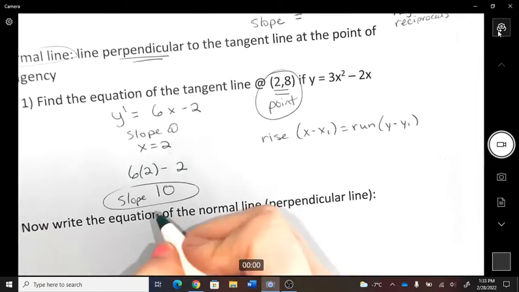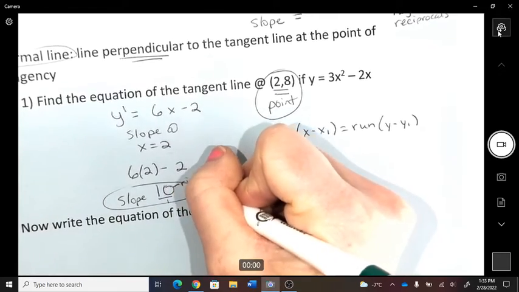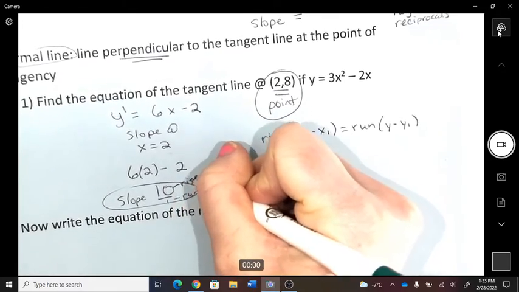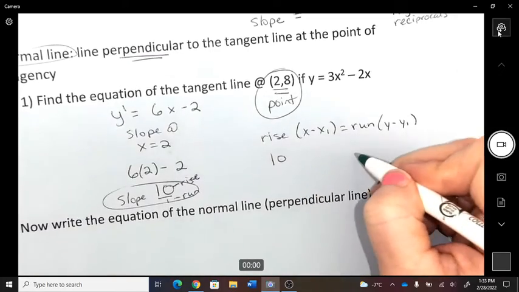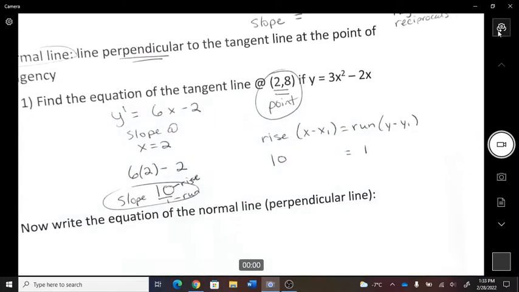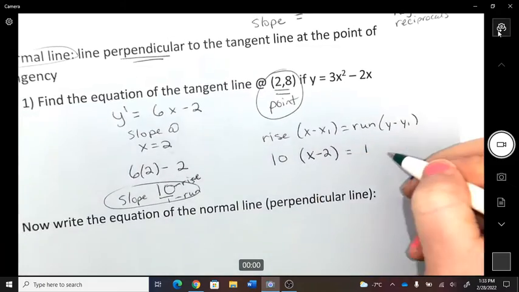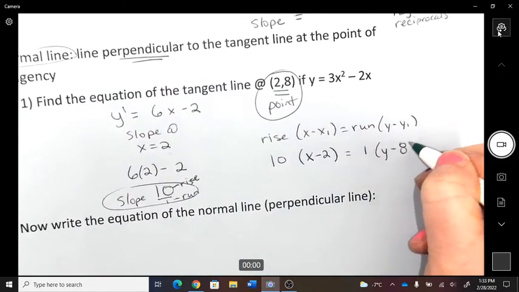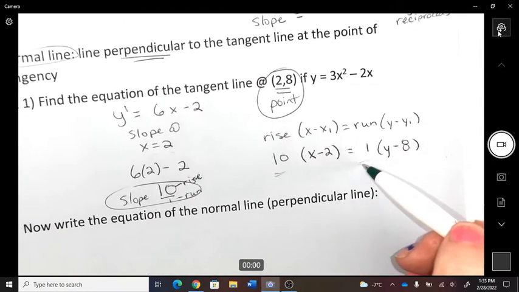Okay, so slope, the rise is 10 and the run is 1. You don't need to write a 1 there. I'm okay if you just don't write a 1. x subtract 2 and y subtract 8. That's it. That's the slope. And then I filled in the point.